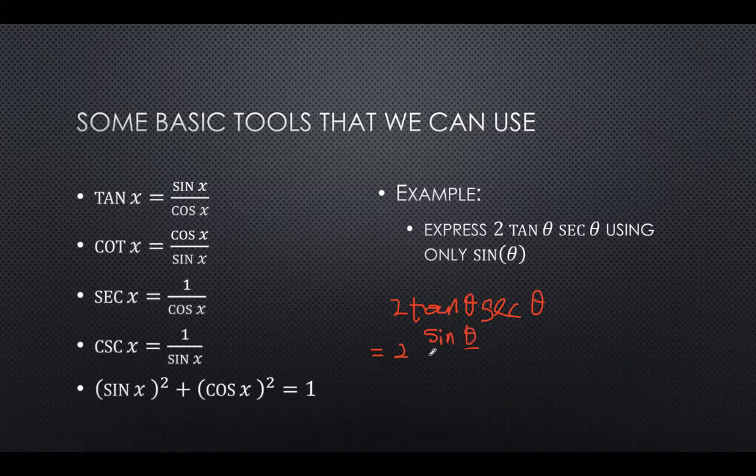So it's sine theta over cosine theta. For secant, we use the identity 1 over cosine, so secant of theta is 1 over cosine of theta.